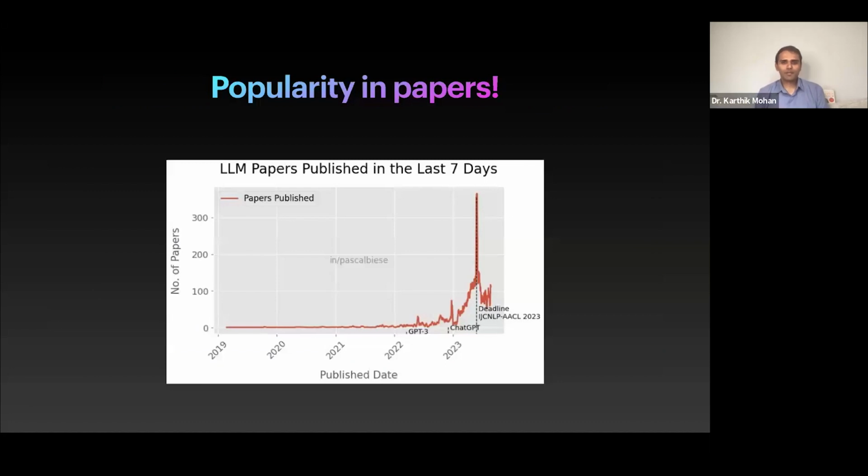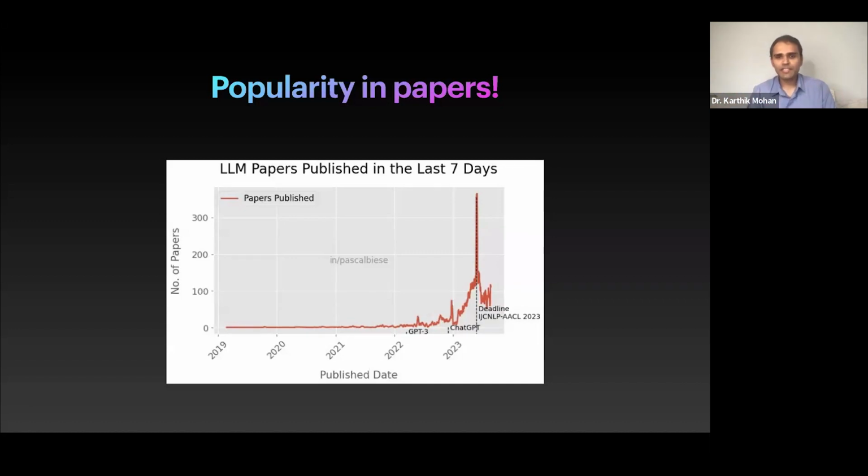And if you look in terms of popularity in papers, this is the number of papers published in the last 7 days in academic conferences and journals. If you look at the graph before 2022, it's kind of flat. You see 1 or 2 papers here and there getting published on this topic of natural language processing.